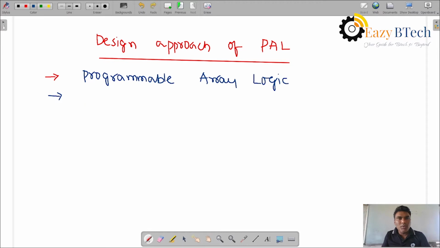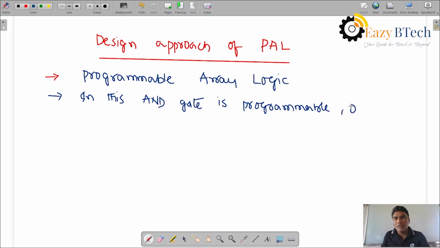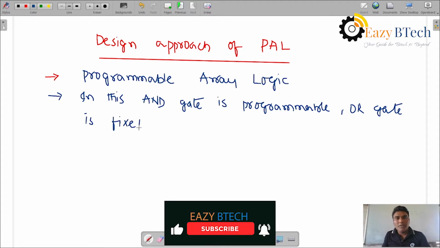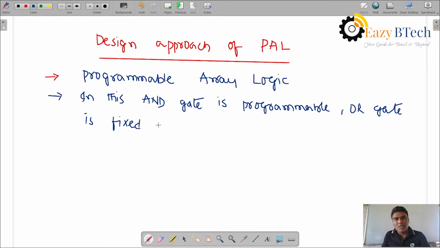The OR gate is fixed. The OR gate is fixed and external.